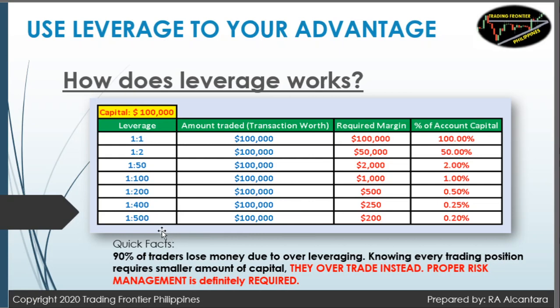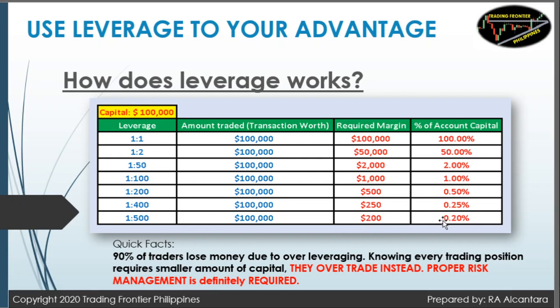So if, for example, we're going to use 1 is to 500, just to have a position of $100,000 transaction worth, the broker will only freeze as required margin in my account a value of only $200 that I cannot use for trading.